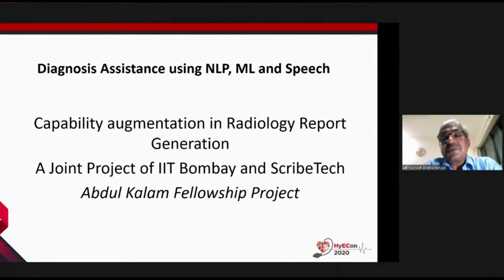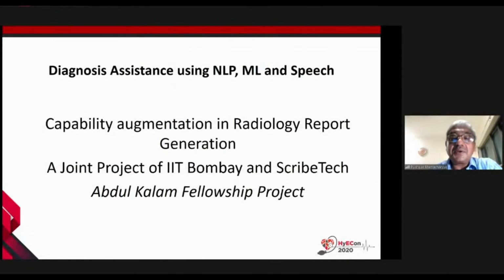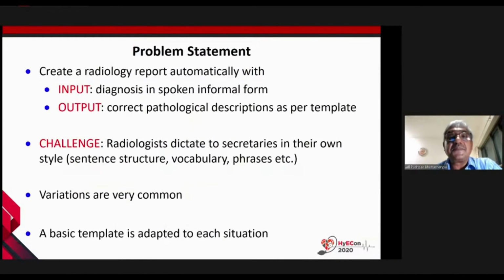This is a joint project between IIT Bombay and a company called ScribeTech, who are deeply into medical technology problems. And this is part of my Abdul Kalam Fellowship project, which insists on translational research.